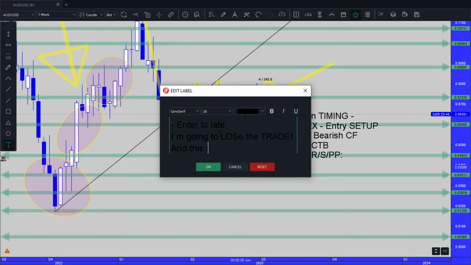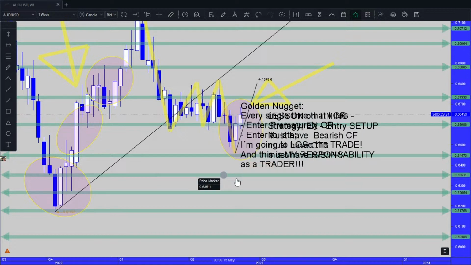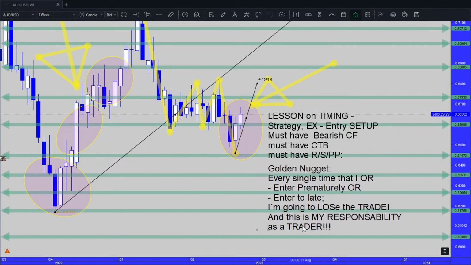And this is my responsibility as a trader. It's not the market's fault. It's not the market's fault, everybody. Take a screenshot, photo, whatever. It's not the market's fault. You entered prematurely or you entered too late.